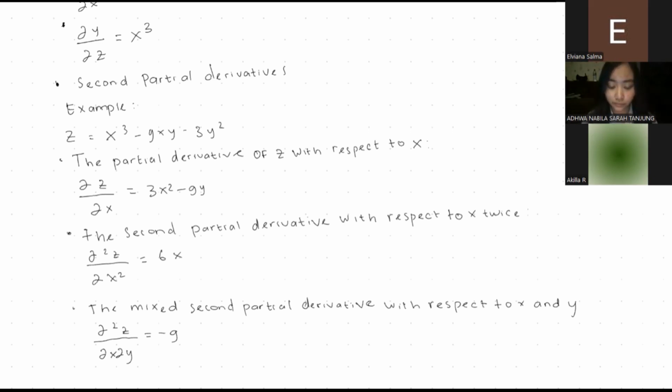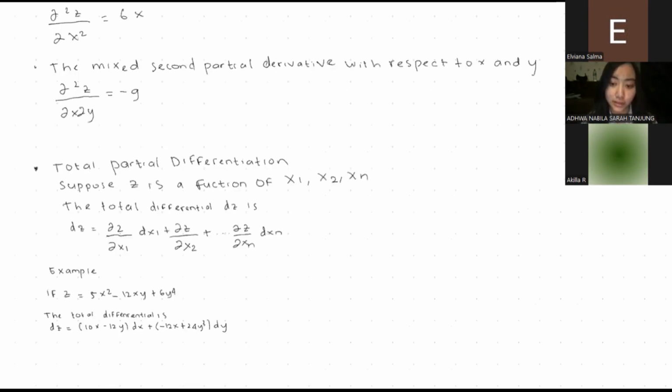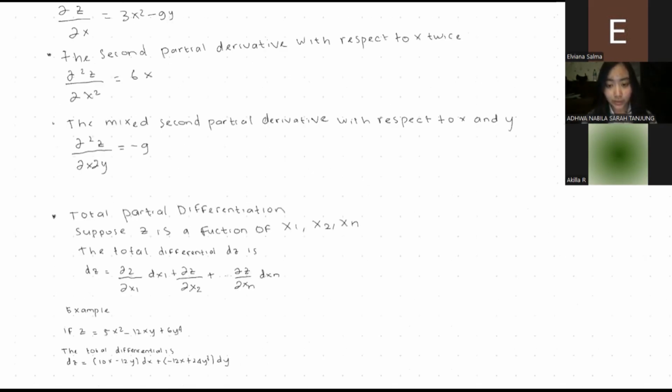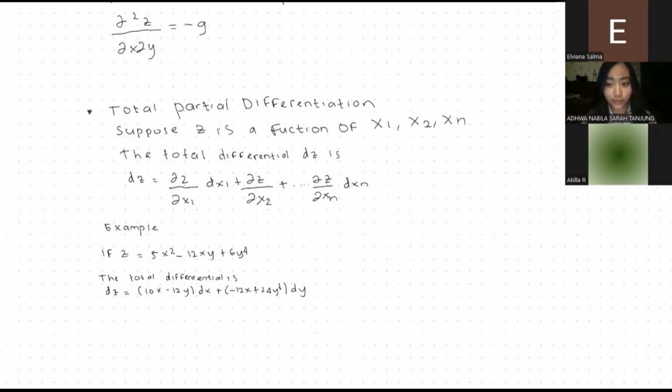Next, let's discuss total partial differentiation. If z equals 5x squared minus 12xy plus 6y to the power of 4.